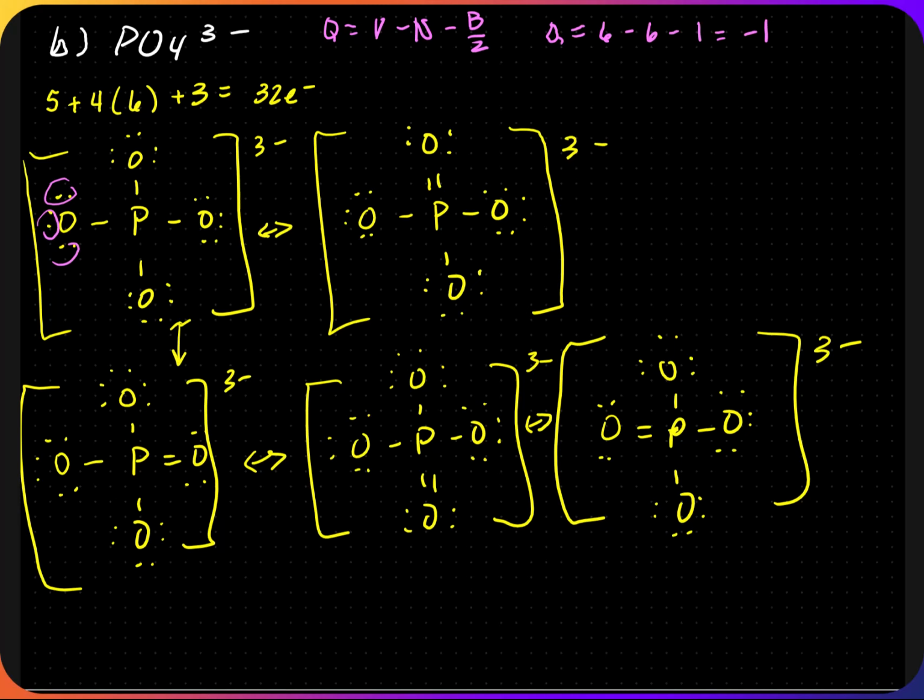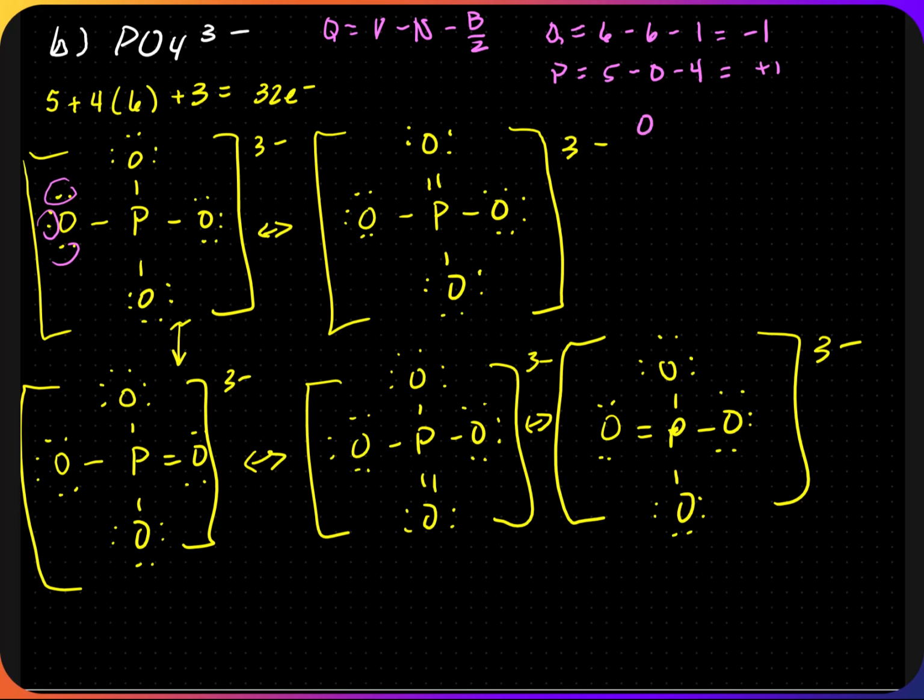All the oxygens are the same because they look the same. Phosphorus has 5 valence, minus 0 lone electrons in the picture, minus 4 bonds, so this is going to be a +1.